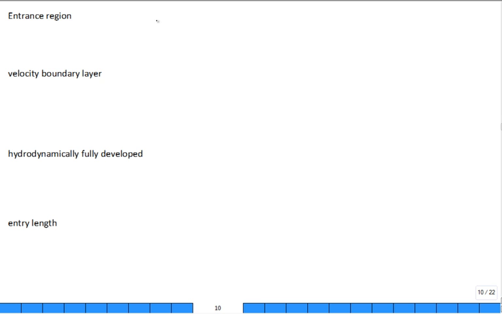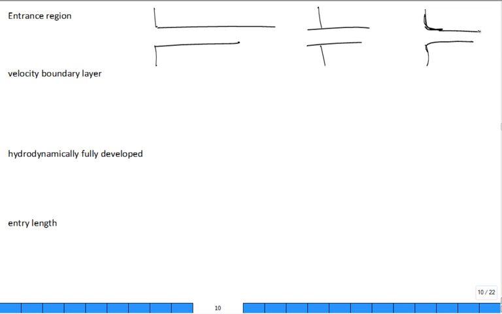Well, we have to get the flow into a pipe, and it can come inside from a large tank. It can come inside with the protrusion from a large tank. It can come inside from a large tank which has a very good bell mouth shape to the inlet. But somehow it's going to get into the pipe. And there's going to be a distance starting from the entrance down before it becomes fully developed. Maybe at this point after it's fully developed.